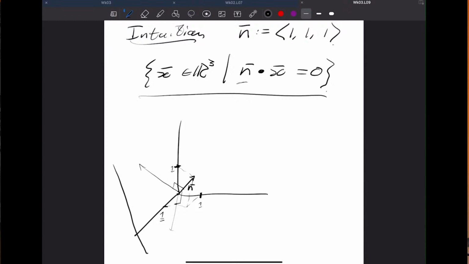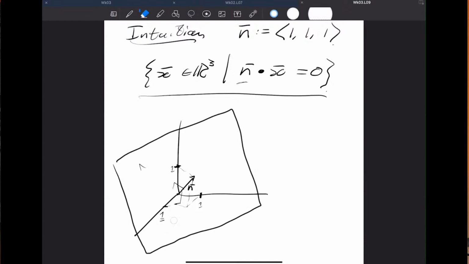And if we put all of them together, what we get is a plane. And this plane is at right angles to this vector n. That is why this vector n is called a normal vector to the plane.